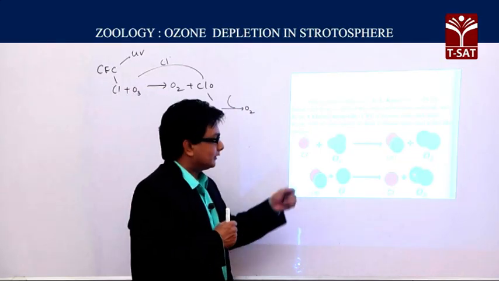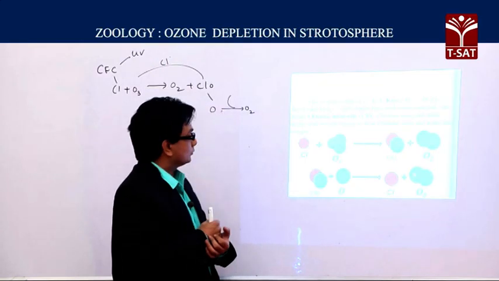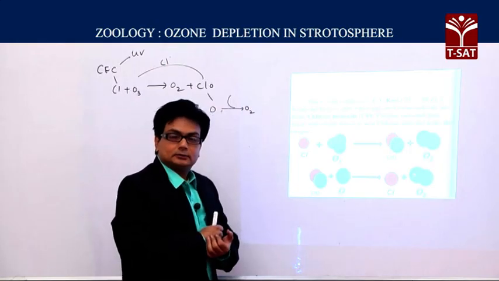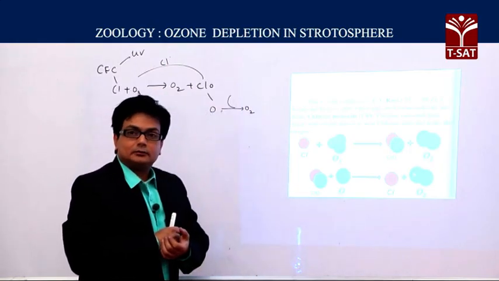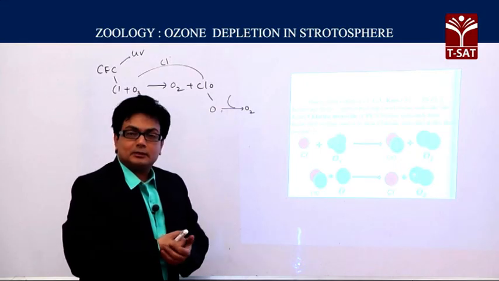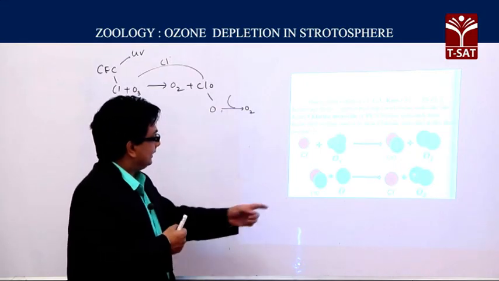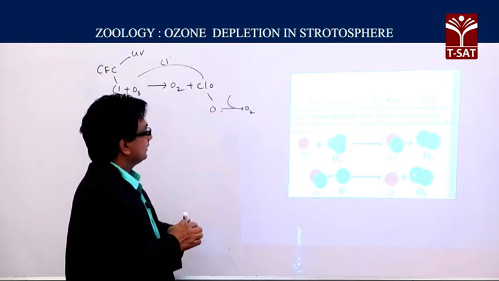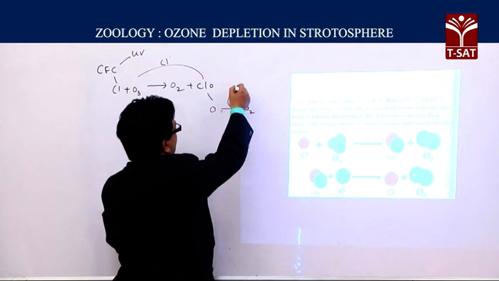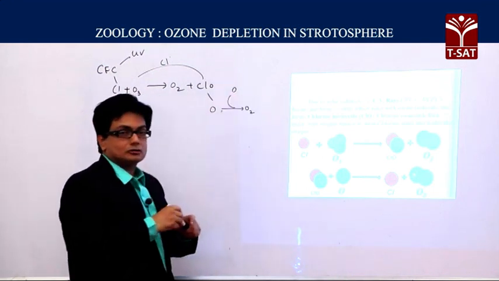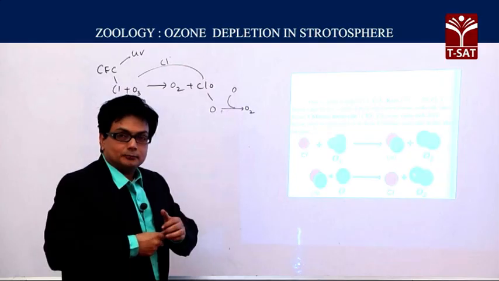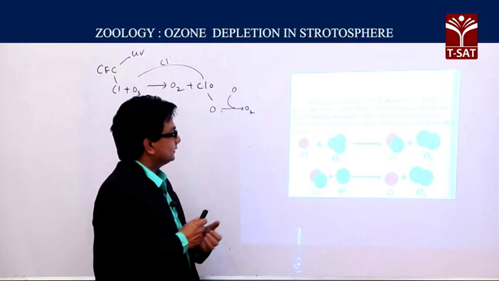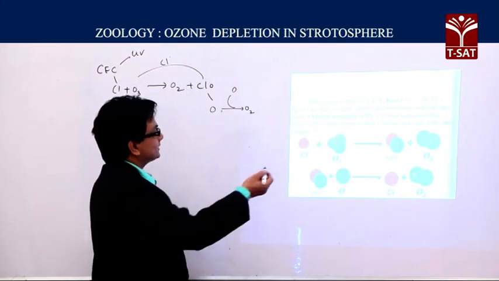See the chlorine, which is free, reacting with the triatomic ozone and forming chlorine monoxide and the release of oxygen. Probably at that altitude, the oxygen which is free remains as such. And this chlorine monoxide will react with another nascent oxygen, which is released because of the action of Cl, and these two will form O2 and the Cl will be separated.